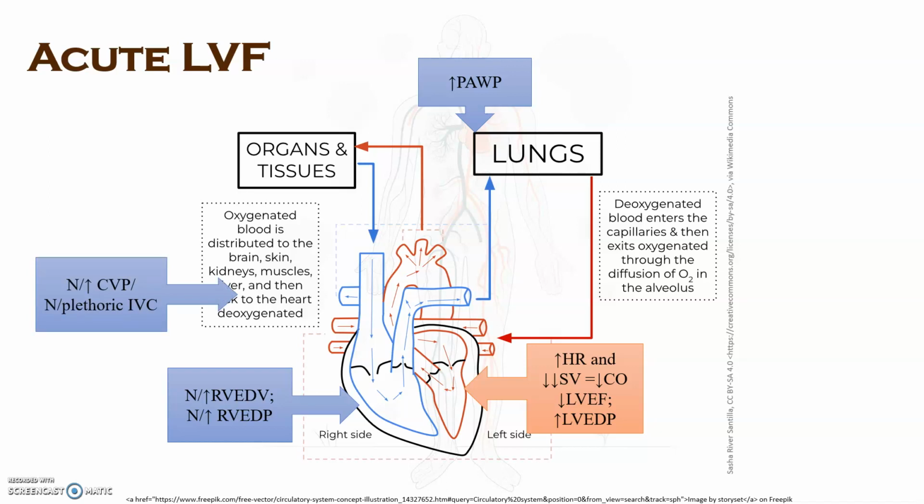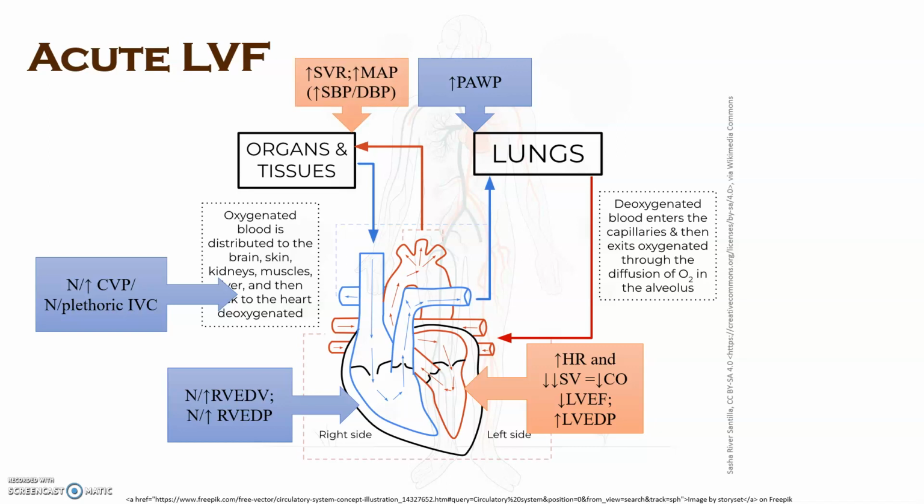This ultimately leads to a backup into the CVP and IVC, leading to plethora and an elevated CVP. But again, early on in left ventricular failure, both CVP and IVC may be normal.